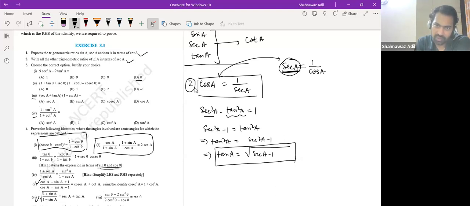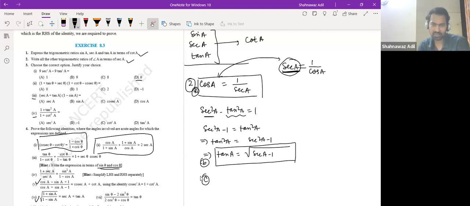This is the first one, cos A. We have calculated the tan also. So from tan, what can we calculate? What is the reciprocal one? The tan reciprocal would be cot.